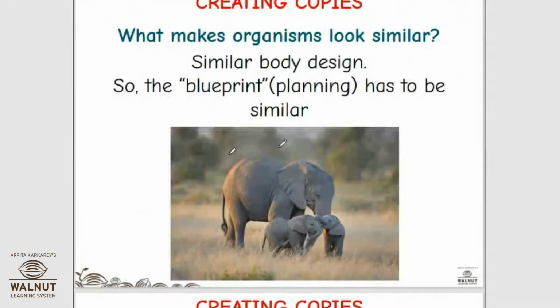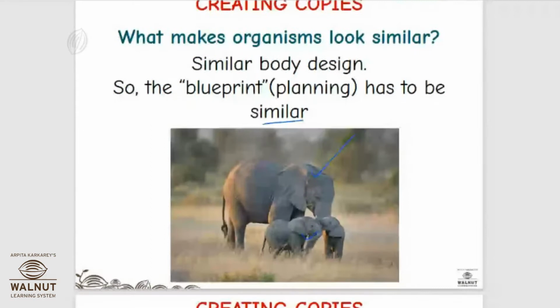Now, the body design, or you can say the blueprint or planning, has to be similar. We cannot say an elephant will give birth to an elephant calf with a very small trunk or very small ears. No, it has to be very similar.